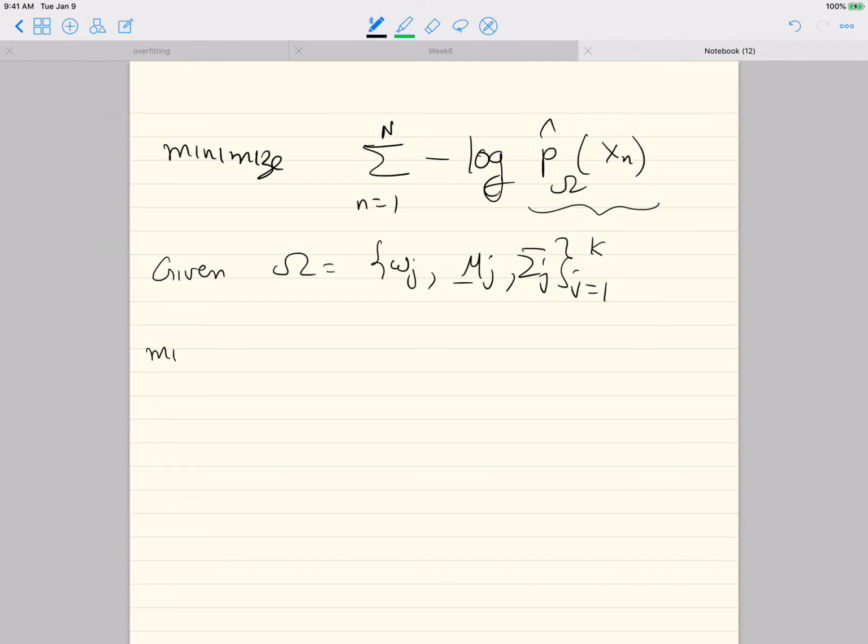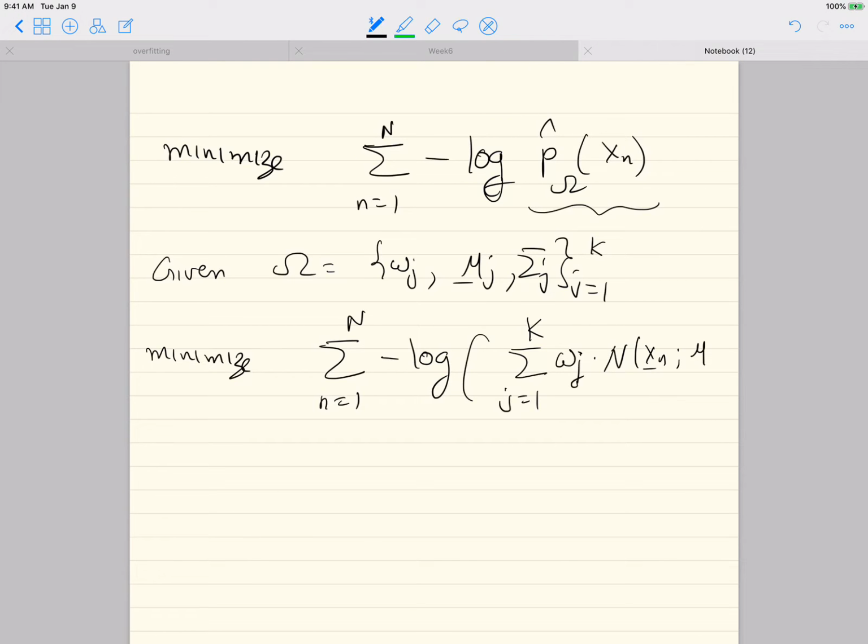So we want to minimize the summation of n going from 1 to N of minus log of the summation of j going from 1 to k of wj times the Gaussian of xn with mean mu j and covariance sigma j. That's it, right? That's what it is. This is an analytic formula we have for p hat of x.